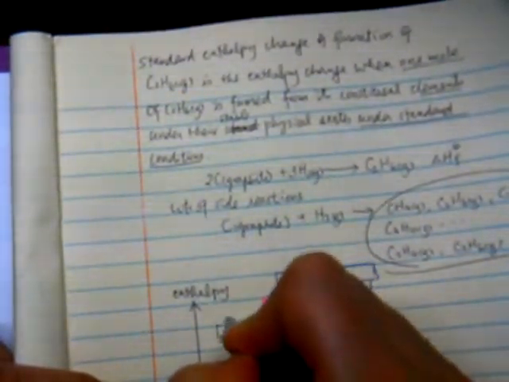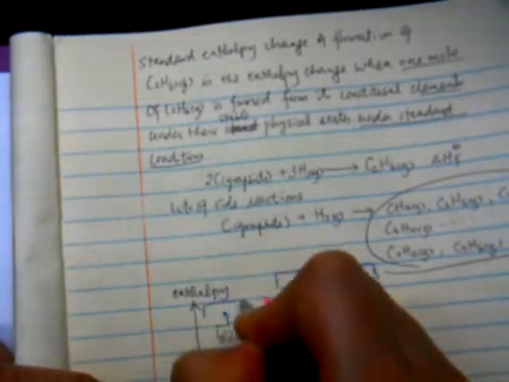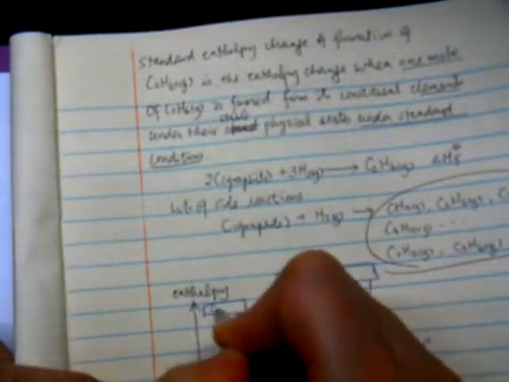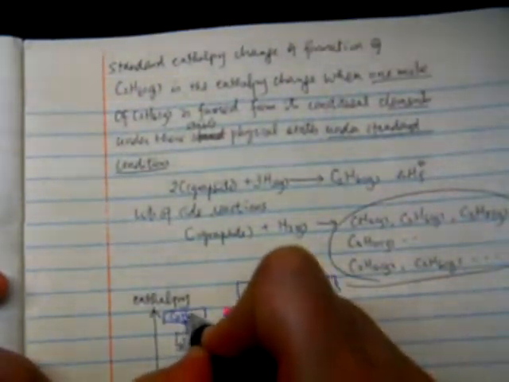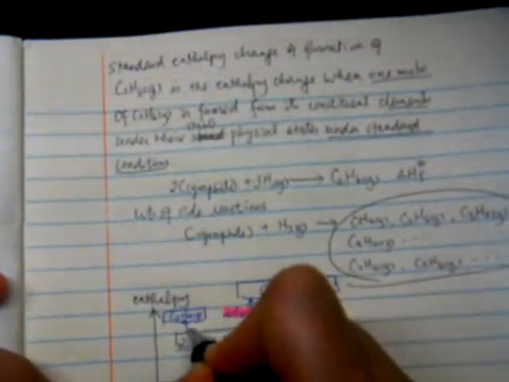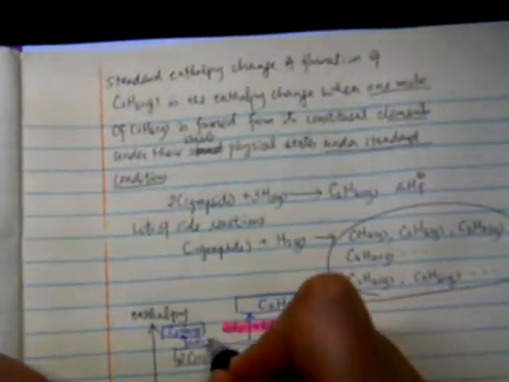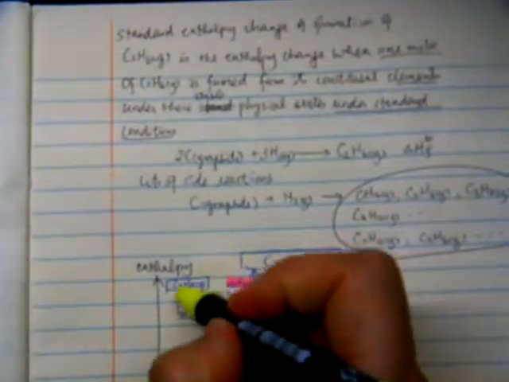Now I will color it later, okay? Upwards. C2H4 gas with delta H equal to positive 52.3. I will color it in red. It is the first step of route C.